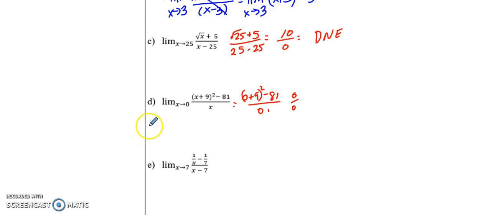So now, the only thing we can do is simplify. So let's rewrite this. Is it factorable? I'll let you go with that. But most of the time, I'm looking at this and going, okay, so x plus 9 quantity squared.